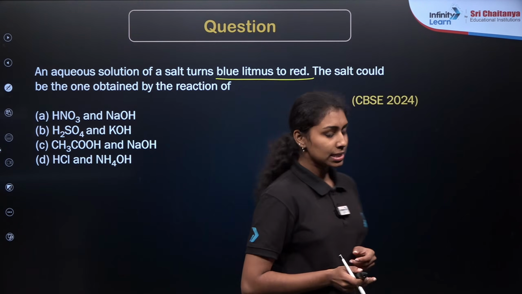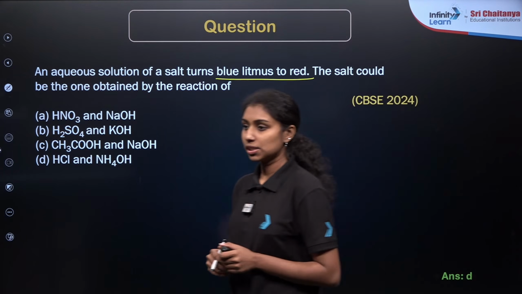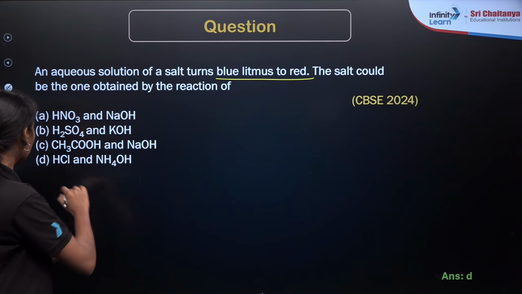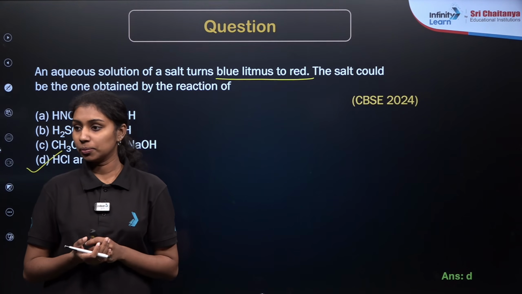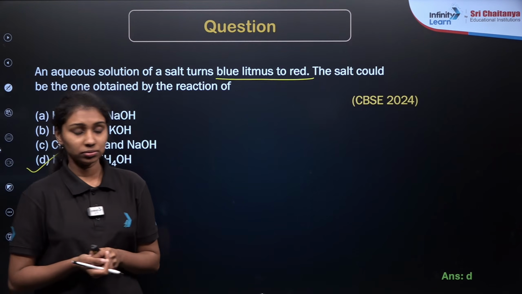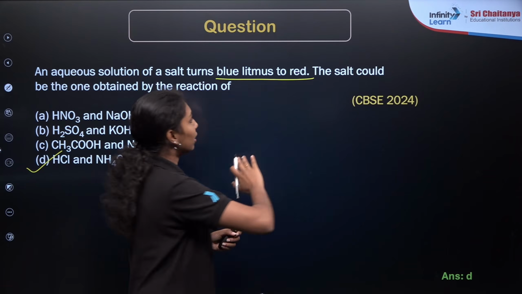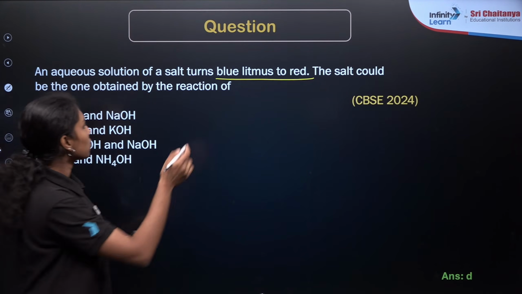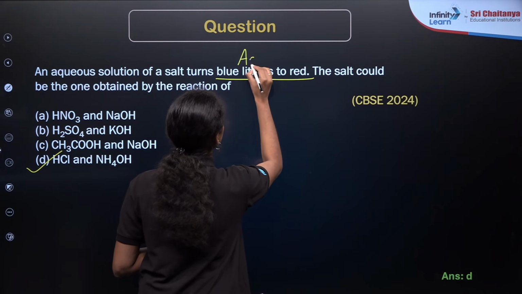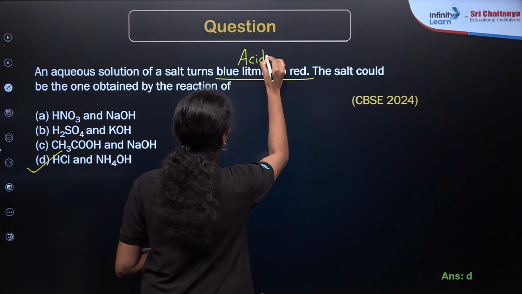Okay, let's see what is the answer. Option D will be the correct answer here. So what is the role of this salt here, whether it is acidic or basic? Blue litmus to red, whether it is acidic or basic. Yes, option D is the correct answer. As we already know, they are acidic in nature, right? That's why they change blue litmus to red.